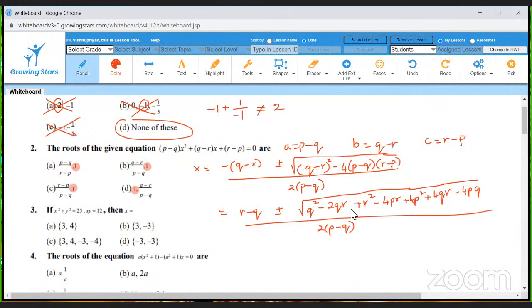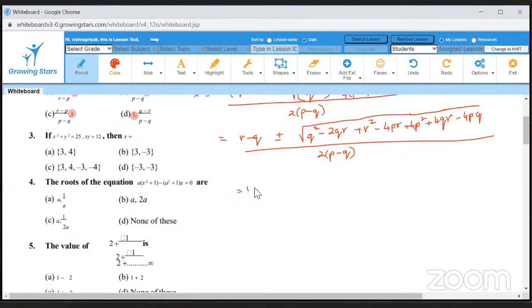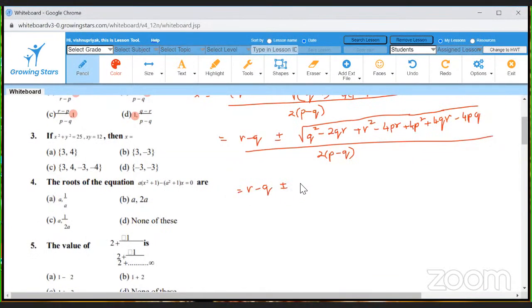So now, what all will cancel or what all can be simplified, that you have to do. So how will you do it? R minus Q plus or minus, Q square is single, R square is single, 4P square is single, but minus 2QR and 4QR will become 2QR.